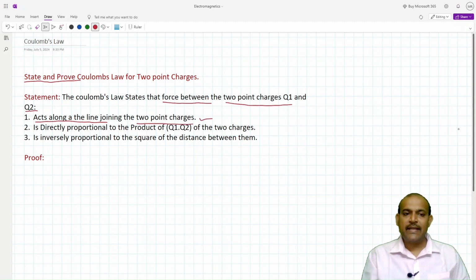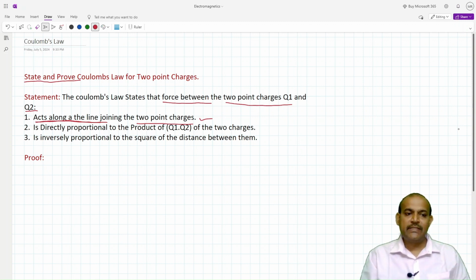So it talks about the direction. As all of us know, force is a vector quantity which has both magnitude and direction. Therefore, it will act along the line joining them. So this tells you the direction of the force.